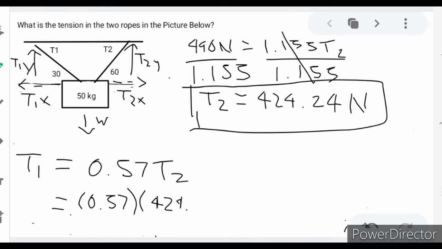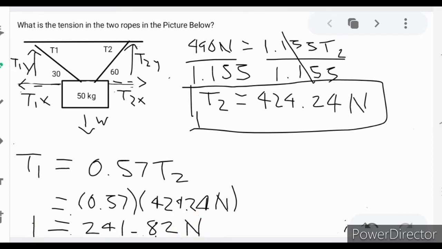So we have 424.24 Newton, then multiply by 0.57, we get 241.82 Newton. So that is the value for T sub 1.